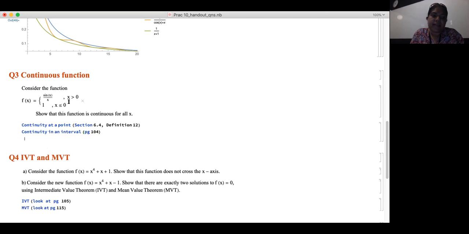When x is less than 0, do you think the function is continuous everywhere? Yes. When x is positive, is this function sine x over x continuous everywhere? Is sine x continuous everywhere?